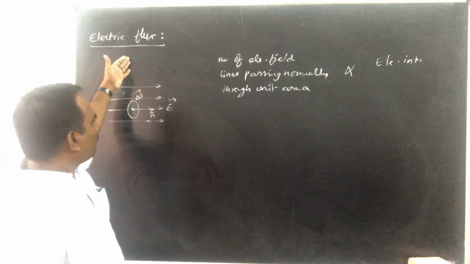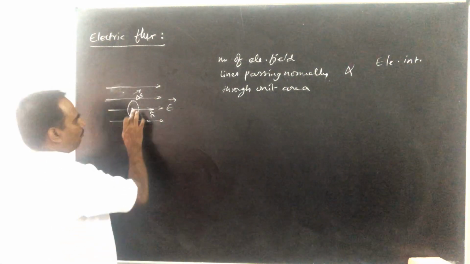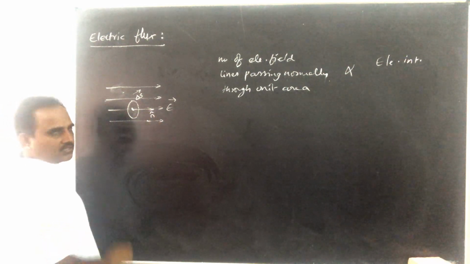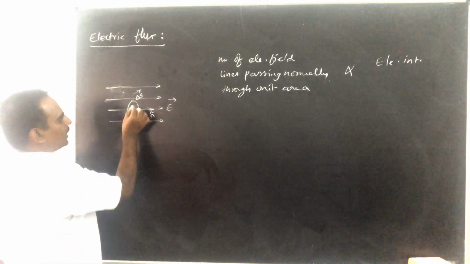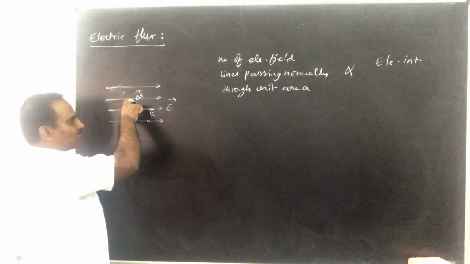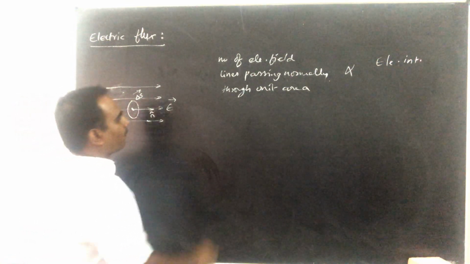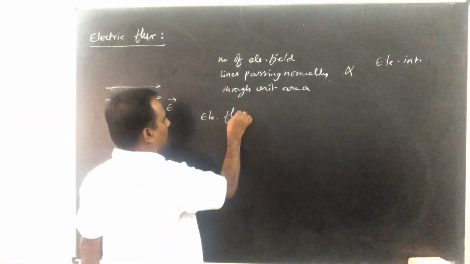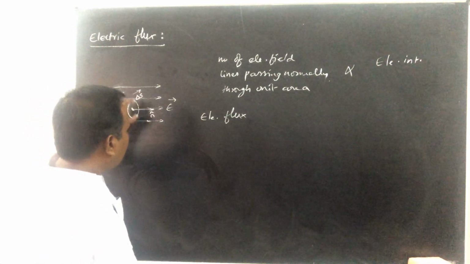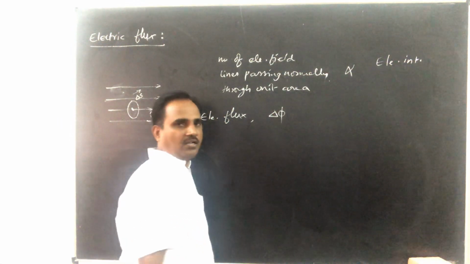Since the electric field is proportional to the number of electric field lines passing normally, the number of electric field lines passing normally through this area is called electric flux. Whatever the number of lines passing through this area normally is called electric flux. Through this small element of area, there will be a small amount of electric flux passing normally, represented as d phi.